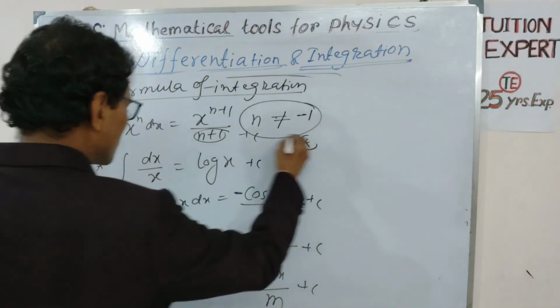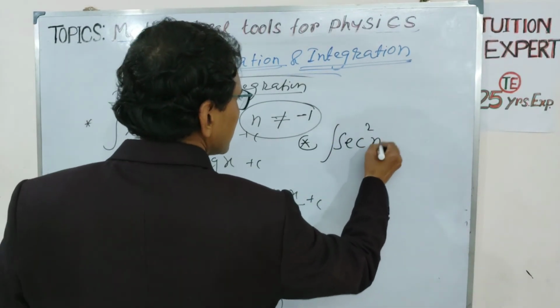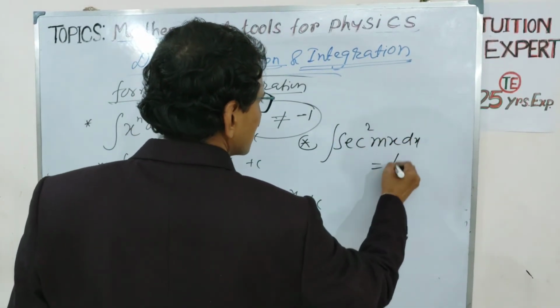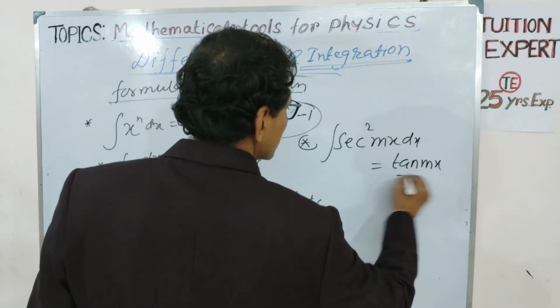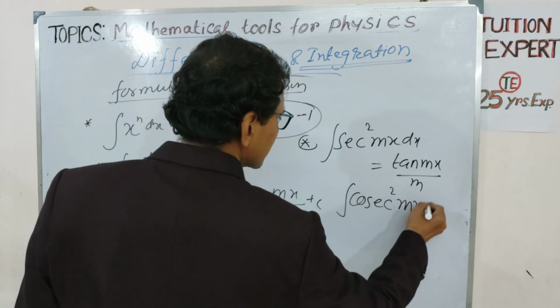Then there are the formulas of sec square mx and cosec square mx.